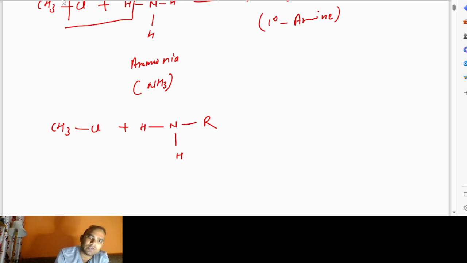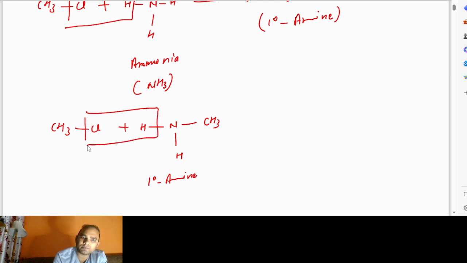Now you are going to get the product, and here HCl will be released. What is left here is N, and in all the places there is CH3. How many times are you going to write it? 3 times. So this is a 3 degree amine. This is how we get 1 degree, 2 degree and 3 degree amines from the alkyl halide.